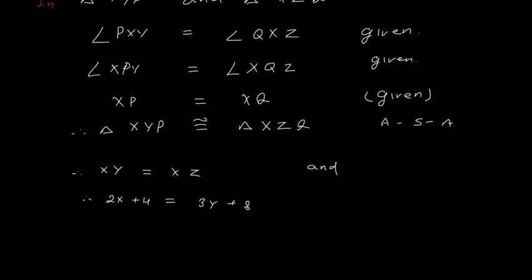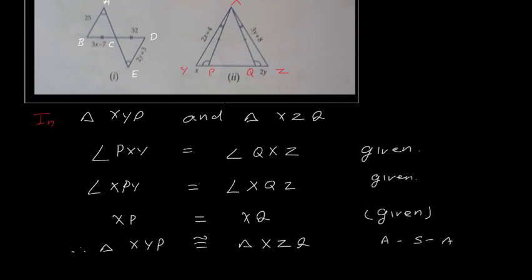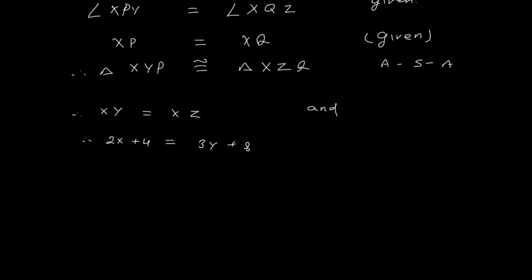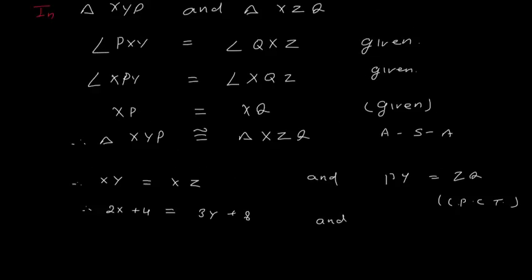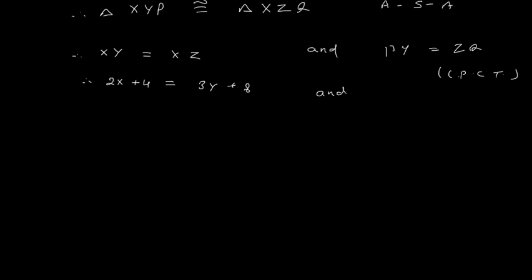Also PY is equal to ZQ. They are corresponding parts of congruent triangles, CPCT. So from XY equal to XZ, we have 2x plus 4 is equal to 3y plus 8, and from PY equal to ZQ, we have x equal to 2y.